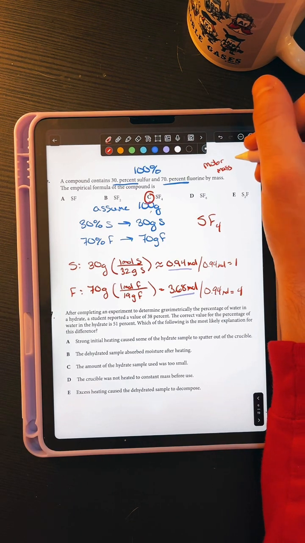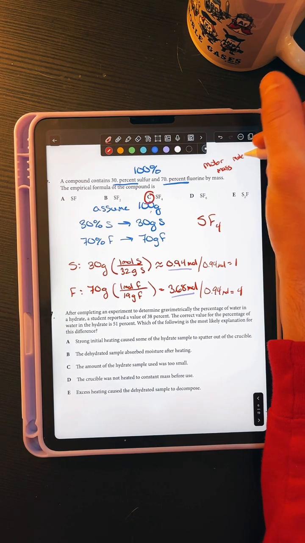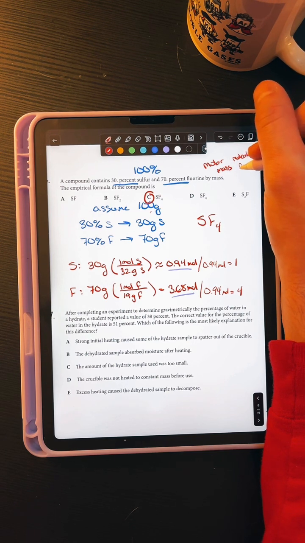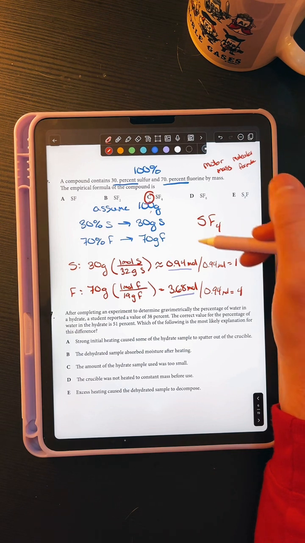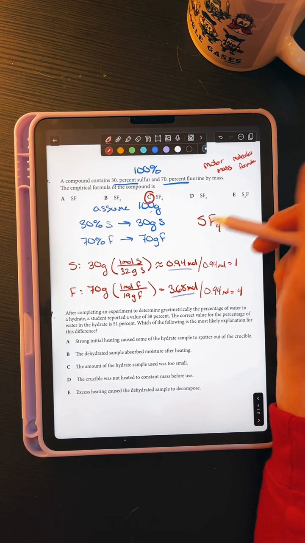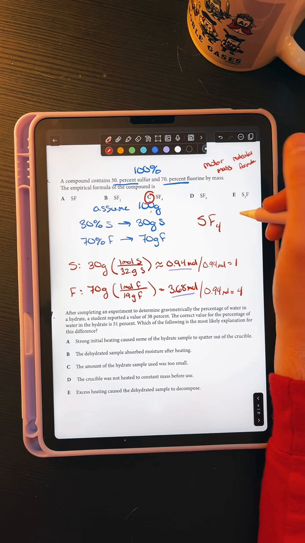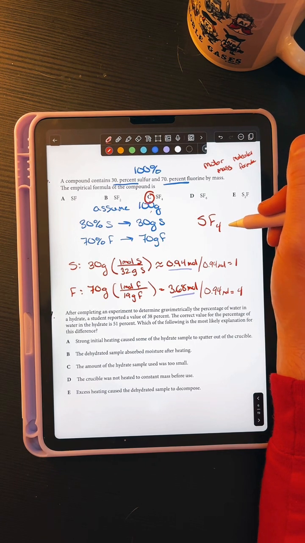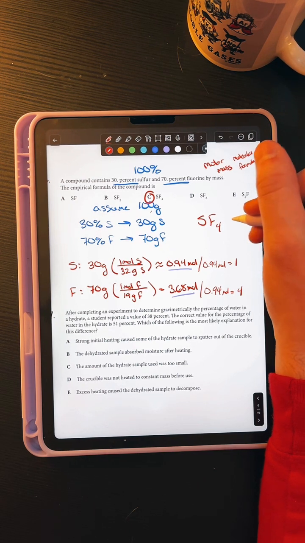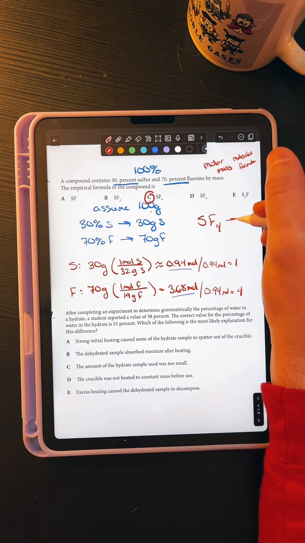You have to be given the molar mass of your molecular formula. And then what you would do is figure out the molar mass of your empirical formula. Then you would take your molar mass of your molecular, divide it by the molar mass of your empirical. That'll give you some whole number, and that whole number is just what you multiply by.